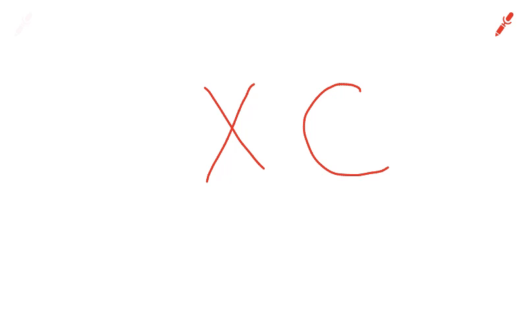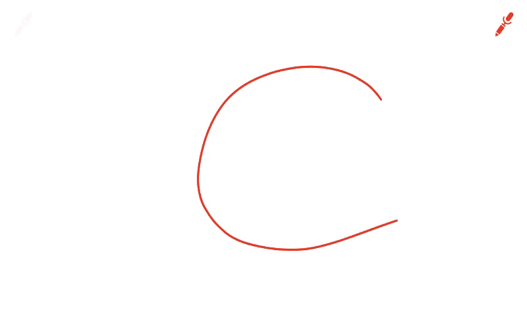The C is 100. The X coming before it means take away whatever that is. Take away the X, which is 10. 100 minus 10 is 90. And then our last one, 100, is C.